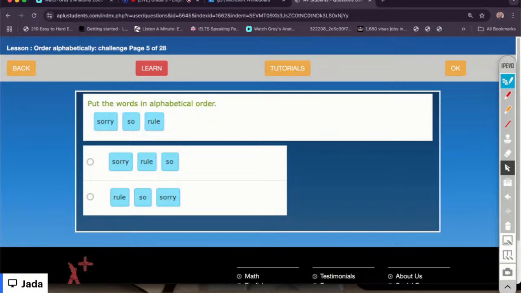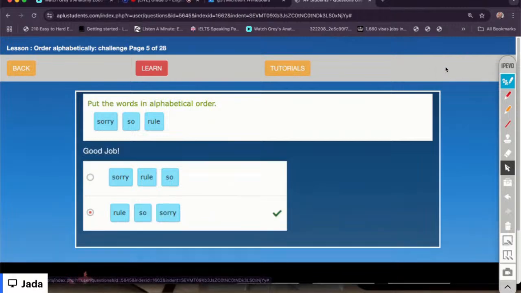So what is the right order for this one? So we have option two, of course. Rule comes before S. So R before S.